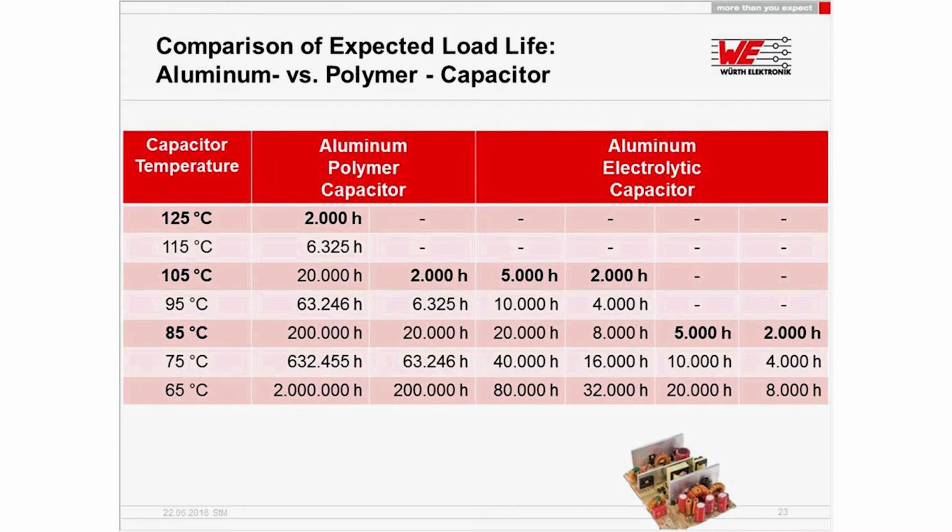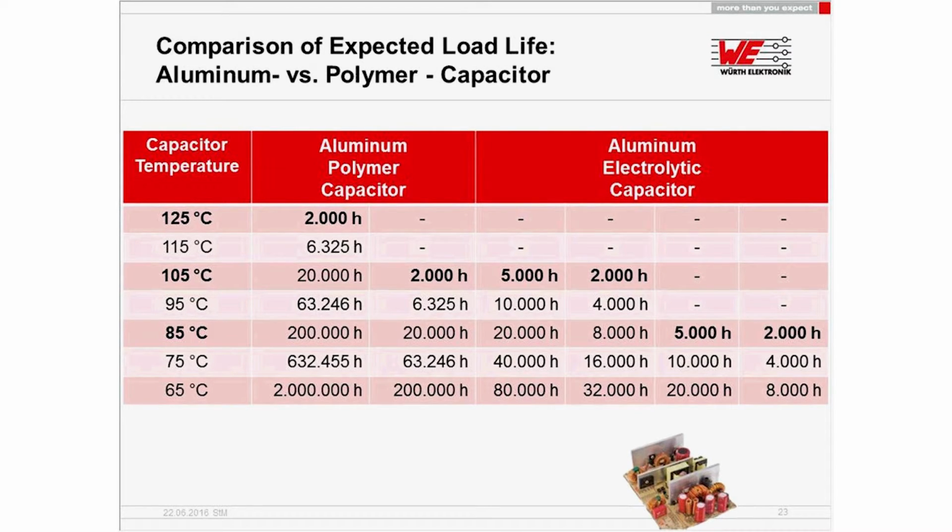This is also shown in the table, so how to understand the table. In the table, the values printed in bold black are stated per each row. For the aluminum polymer, for example, when you have 125 degrees with 2000 hours printed in bold black, this is the value given in the data sheet.